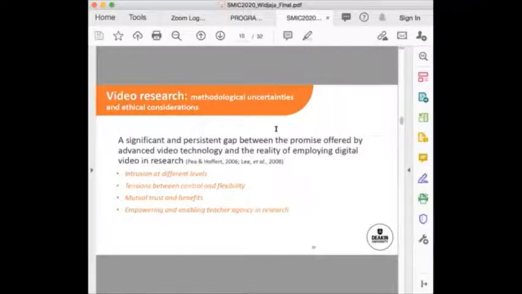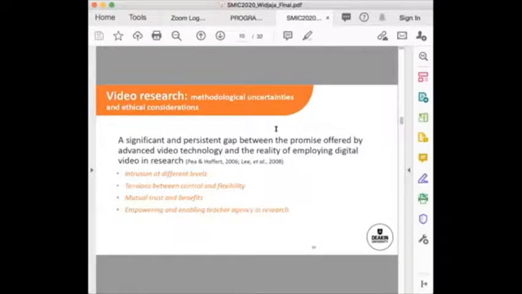But obviously, we learned the lesson after the data collection that it created an extra level of complexity for teachers, because they had to navigate the technical issues with the videoing. So that was not very good, creating an extra burden for teachers in the data collection.